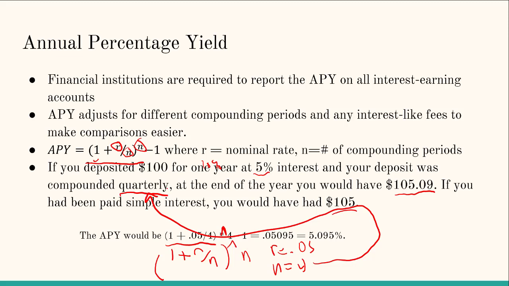If interest was compounded every 6 months, n would be 2. So when you plug in the numbers, you basically get this, to the fourth power, as I mentioned.